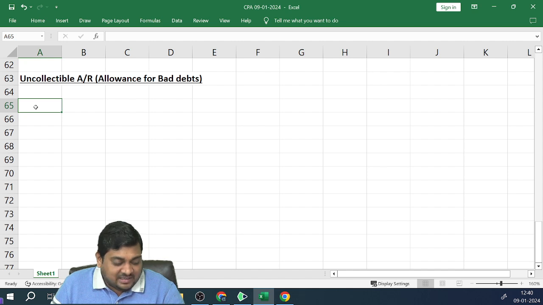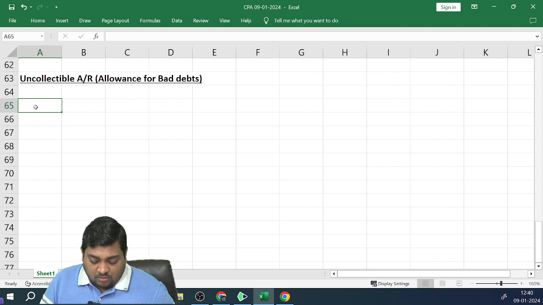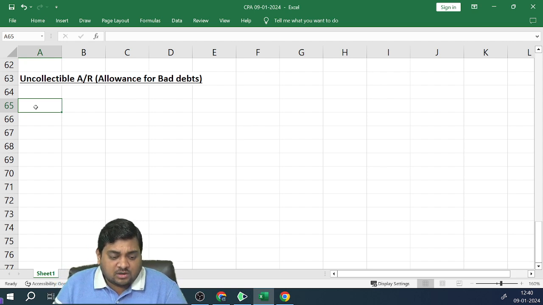So one is the direct write-off method, but this is not as per GAAP, right? And under this method we do not create any provisions, right?